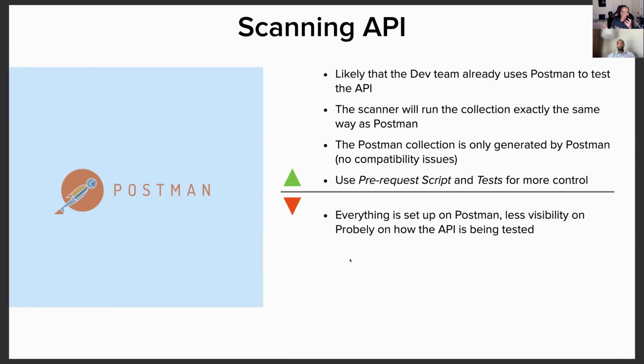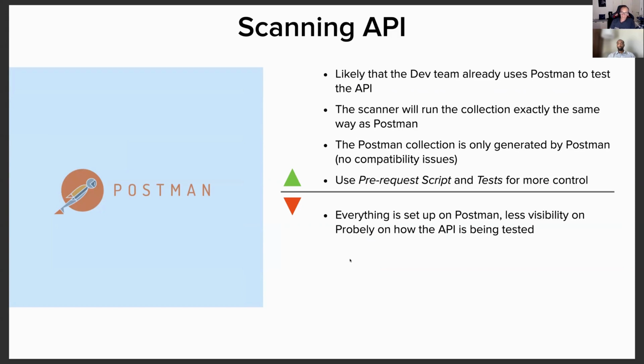One advantage here, unlike with the Swagger file, is that you only have one generator for a Postman collection, which is Postman itself. So there are no compatibility or interoperability issues, because Postman creates the collection, and a tool from Postman on the scanner itself runs that collection.